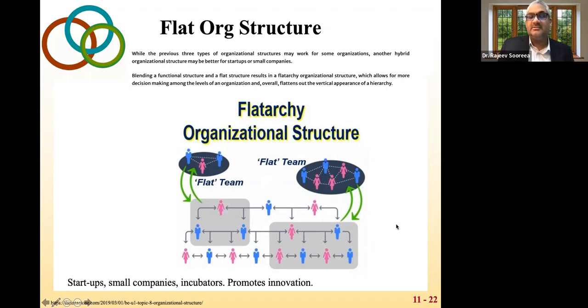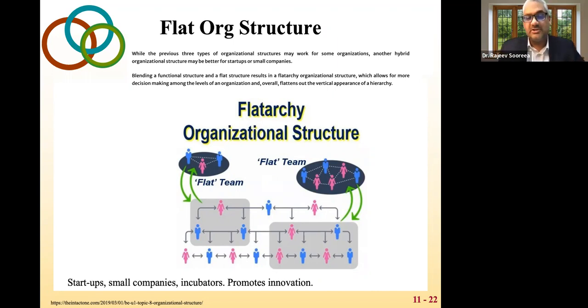So in a small organization, I am the CEO, I need to do a lot of jobs. I need to sometimes do the product development. I may need to do the marketing myself. I may sometimes need to work very closely with my co-founder, who may be working with a finance person. So it's a little bit all over the place. It's a flatter organization structure.